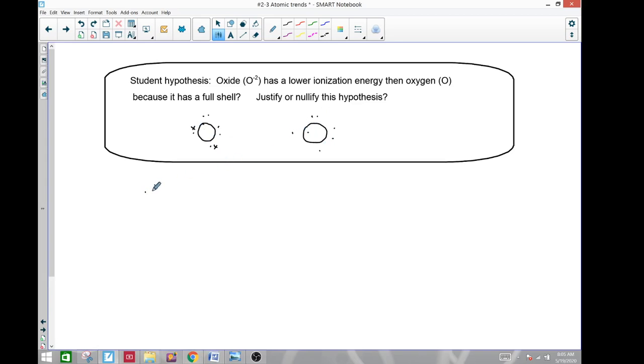This is maybe one of the largest misnomers, or things that kids typically get wrong as they move through chemistry. We want to answer these questions in terms of Coulombic attraction only. So don't go by this idea of a full shell meaning more stable, less energy.